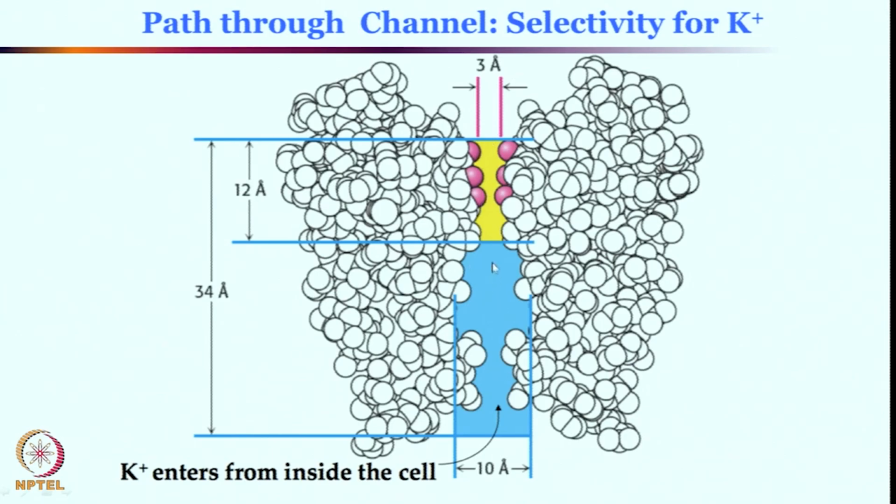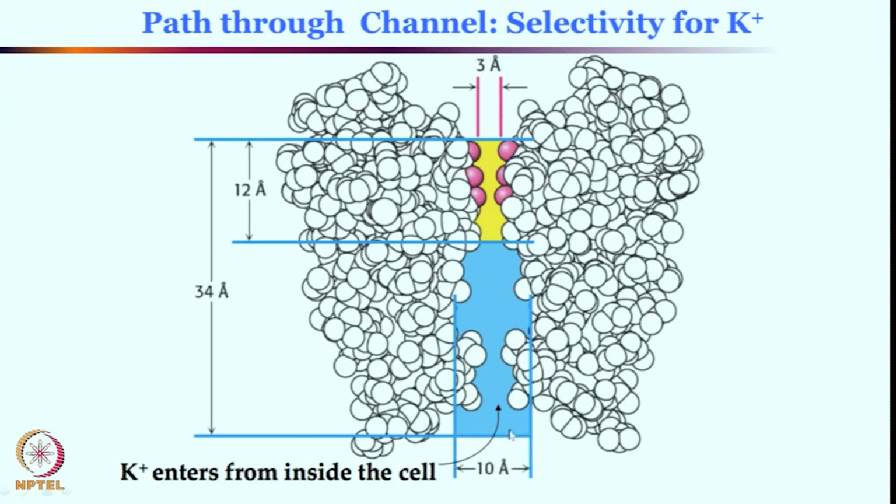On the other hand, the large distance from inside the cell to outside the cell, nearly 22 angstrom distance, can be travelled by many different metals, even the bigger ones, because as you see here the diameter is quite high.